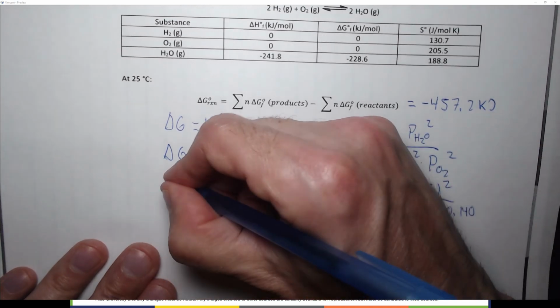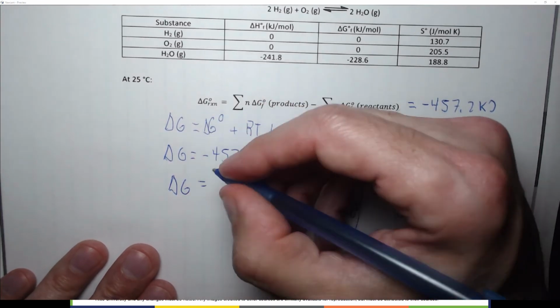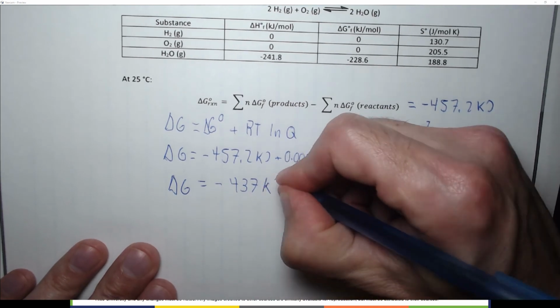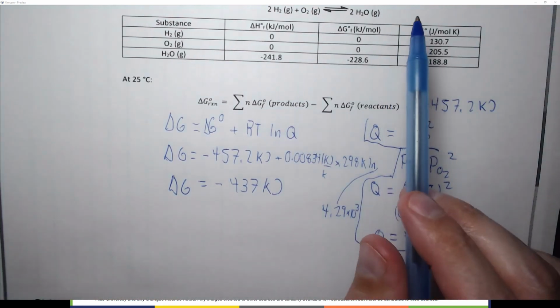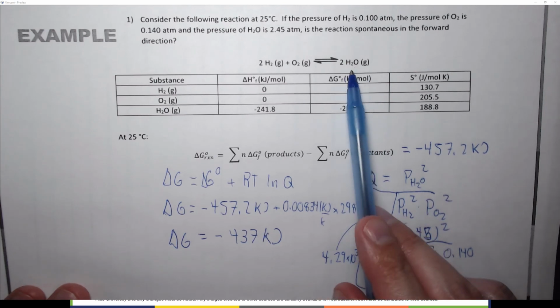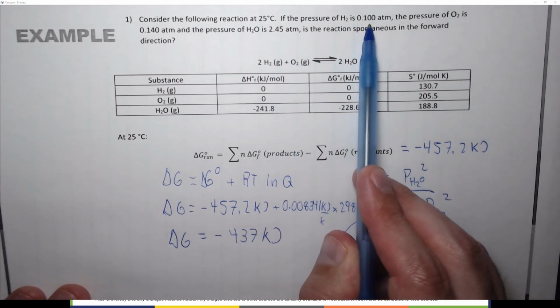When I do that, I find that delta G is equal to negative 437 kilojoules. So even when the pressure of water is much, much higher, right?